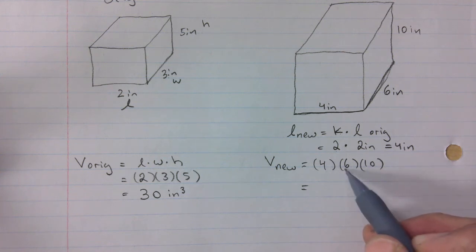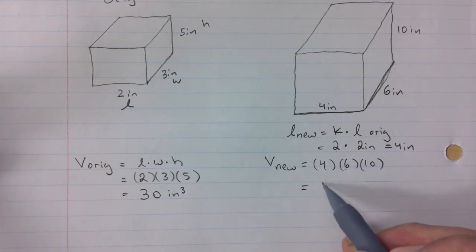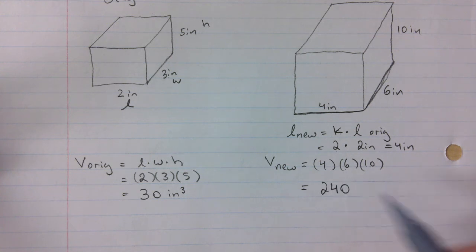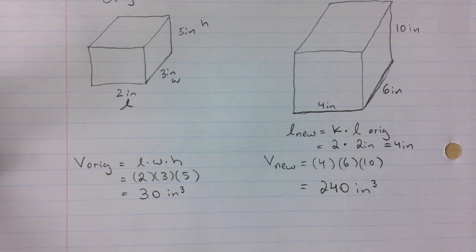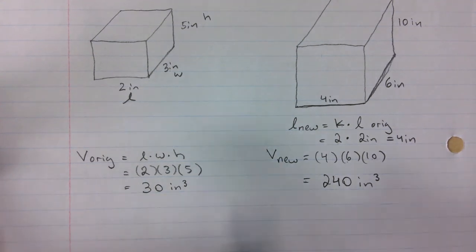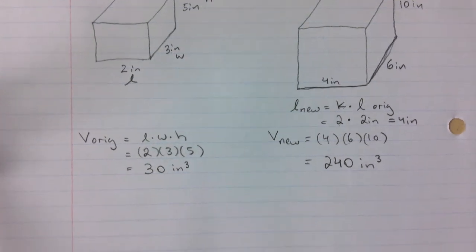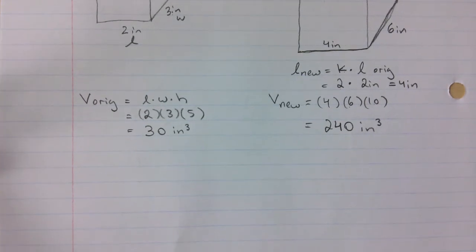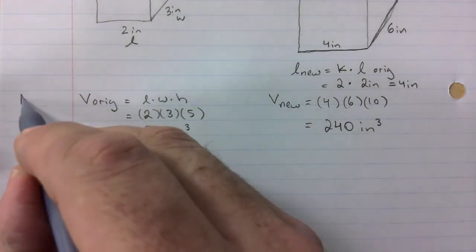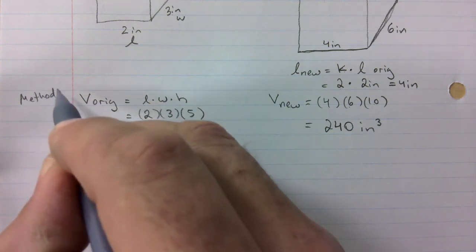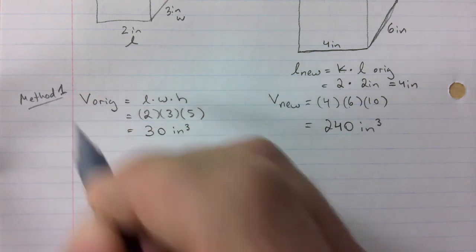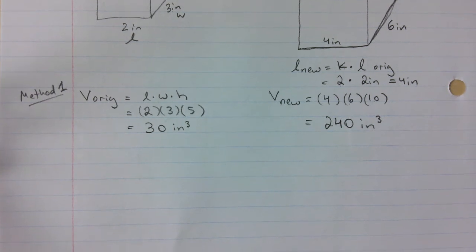So 4 times 6 is 24, times 10 is 240 cubic inches. This would be the first method of figuring out the volumes, right? This would be method 1. I will show you the second method in a bit.